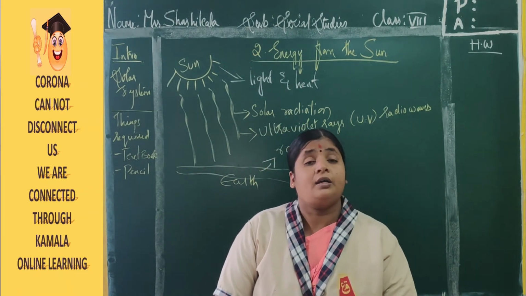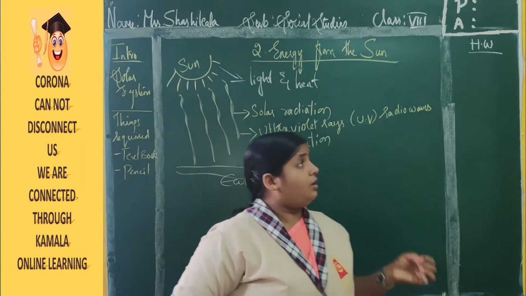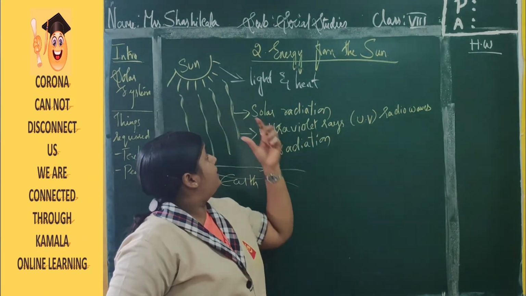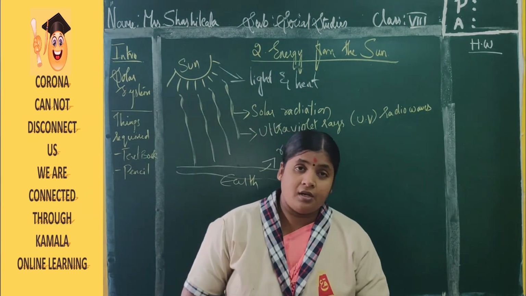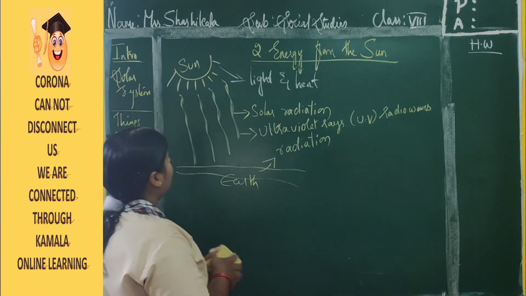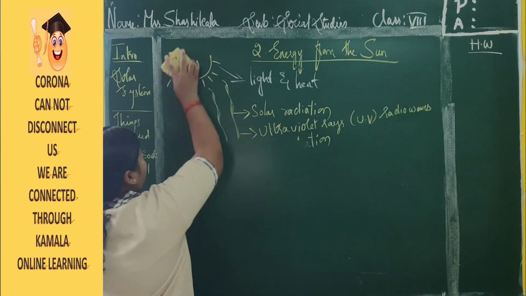So just as we can't see the air, in the same way the rays which are emitted by the sun, those rays also we can't see with our naked eye. Right? I hope you have understood this.